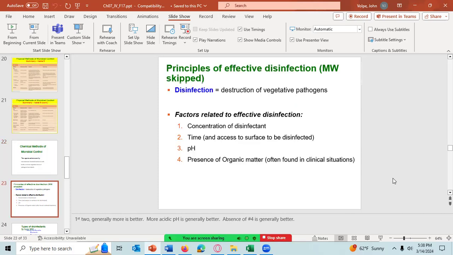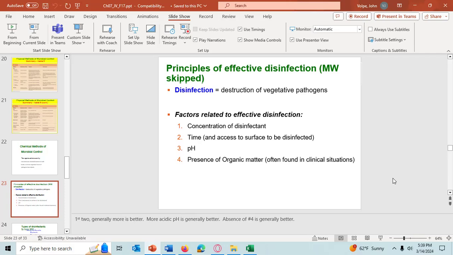So disinfection refers to the destruction of vegetative pathogens. The factors related to effective disinfection are the concentration of the disinfectant. Generally speaking, the higher the concentration, the more effective it is. The time, almost always, the greater the time, the greater the killing. The pH also affects the disinfection. Generally speaking, the more acidic the treatment, the more effective the disinfection.